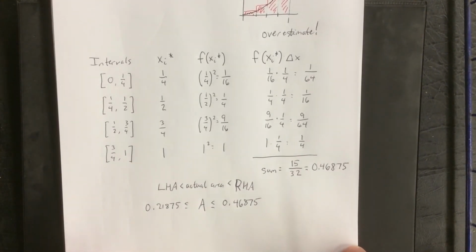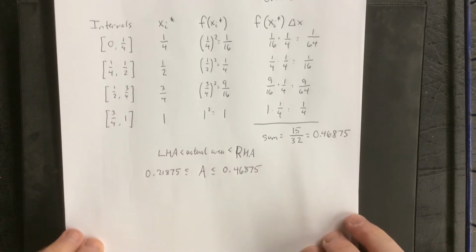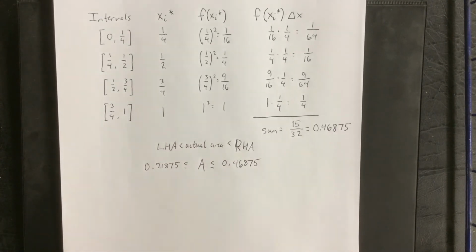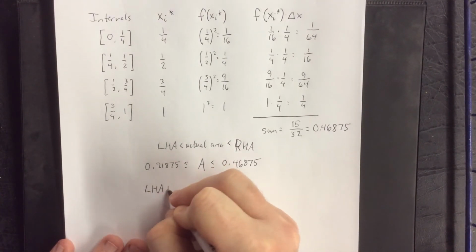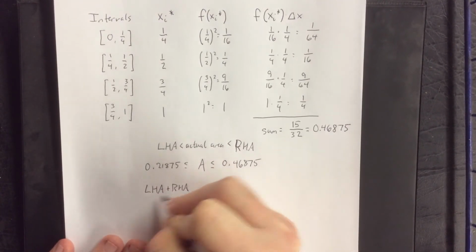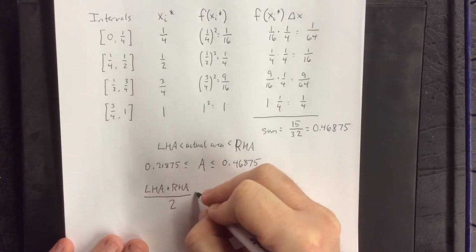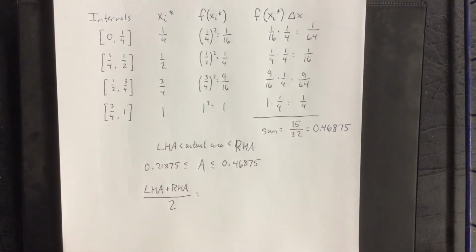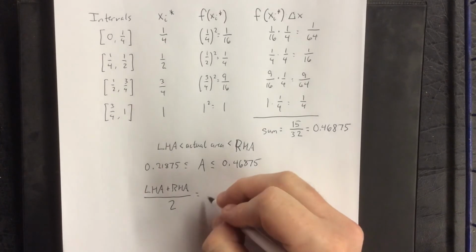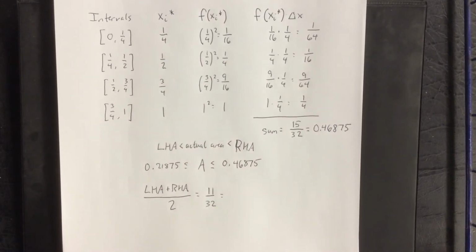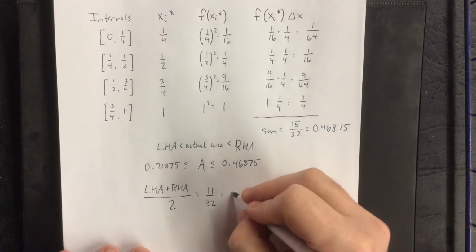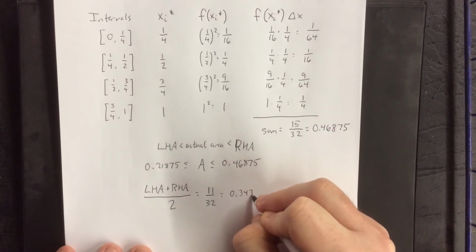Now with that in mind, if you want to get the best possible approximation for this, based off of the work that we've done, you can take the average of these 2. So if you take the average of these 2, grab that calculator one more time, that'll be 11/32, which is equal to 0.34375.